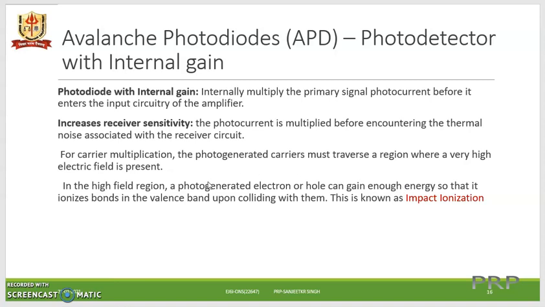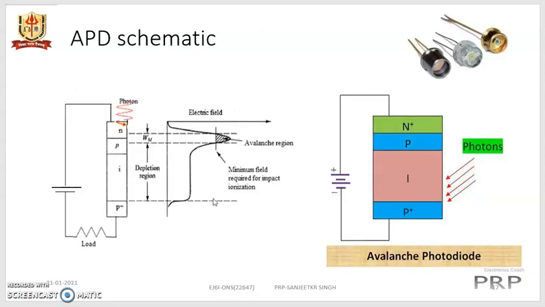In this high electric field region, a photo-generated electron or hole will gain enough energy so that it will collide with other atoms in the valence band and ionize. This is known as impact ionization. There is impact collision of the electron or hole with the others under the influence of the high electric field.